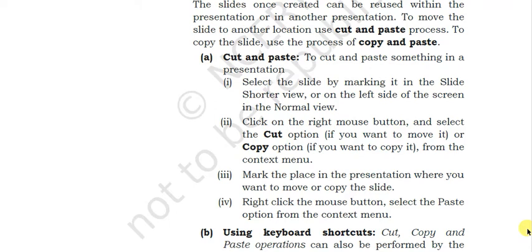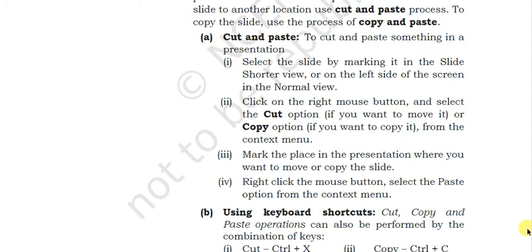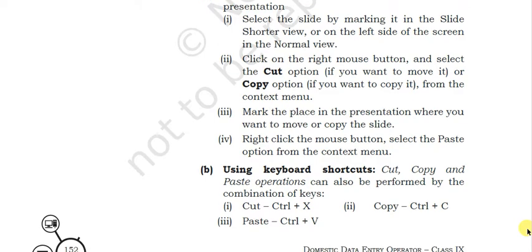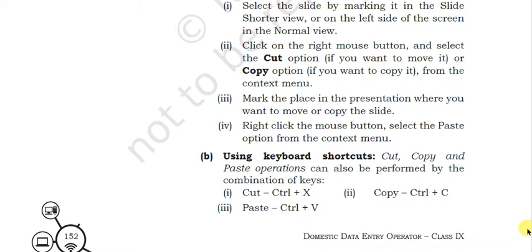Okay, then move to the place where you want it, and then right click between the two present slides and then click paste. Shortcut keys you already know: Control C, Control V and Control X. Okay, these are the same in all the office suites.